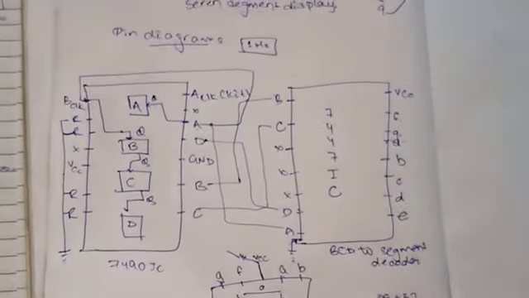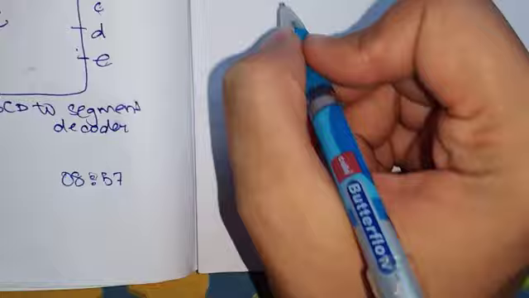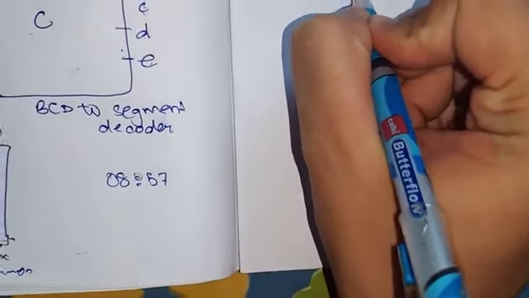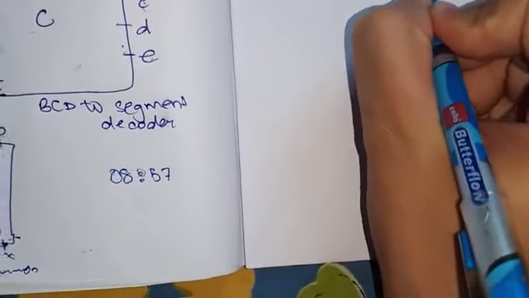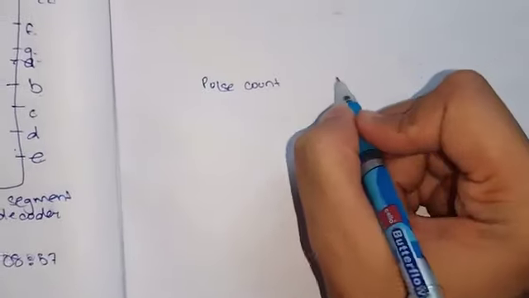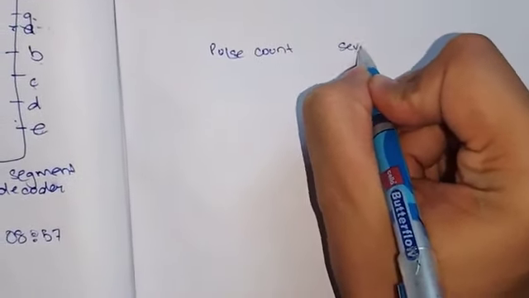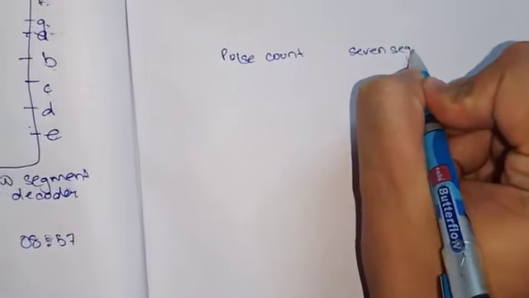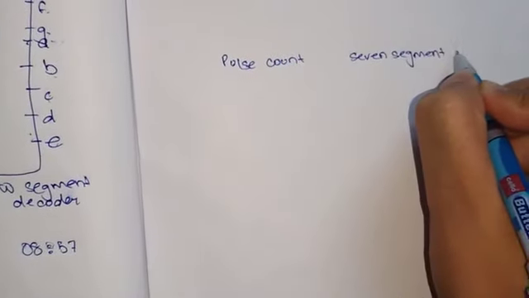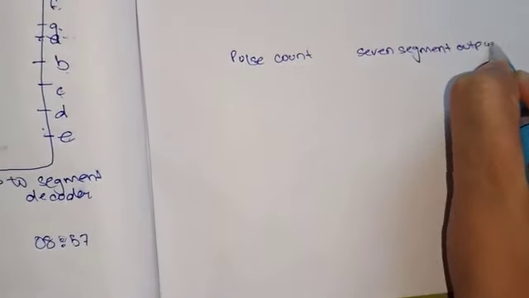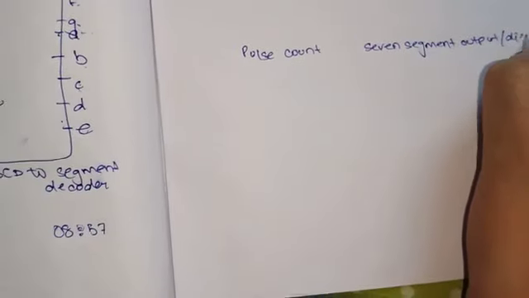And in the truth table you have to write pulse count and 7 segment output or display.